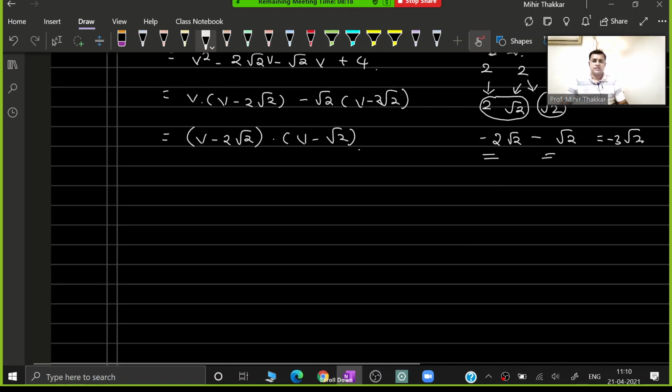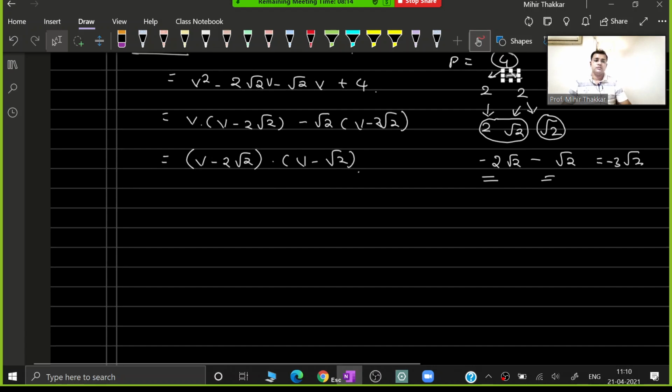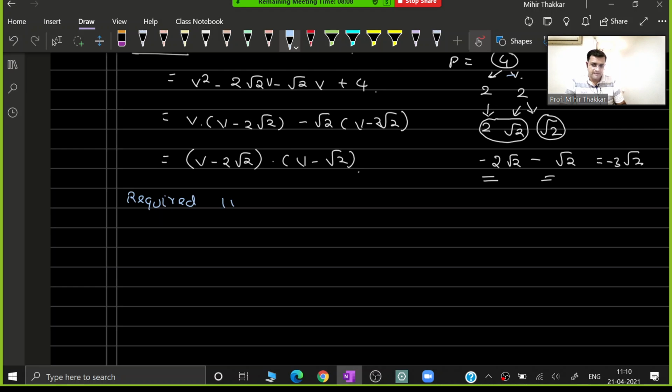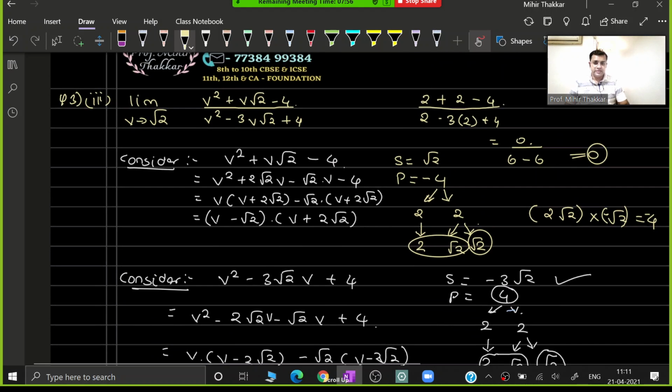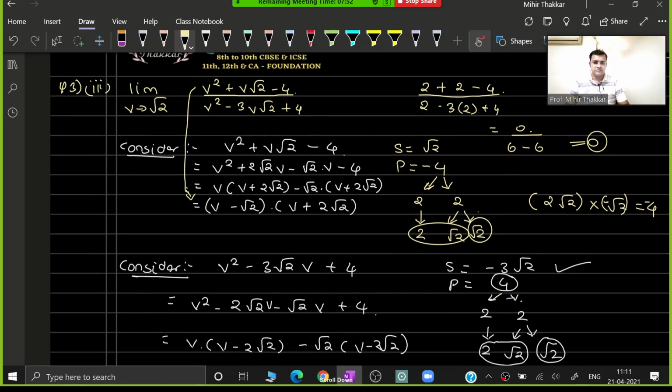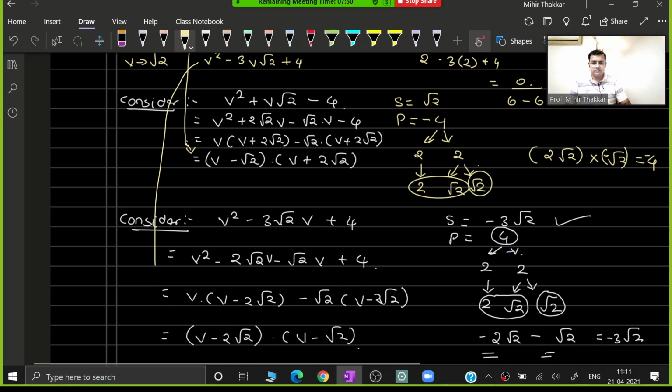Very simple. Now guys, I will substitute this in the required function. So I will say the required limit is limit as v tends to root 2. In place of the numerator, I will be substituting this function, and in place of the denominator, I will be substituting this function.